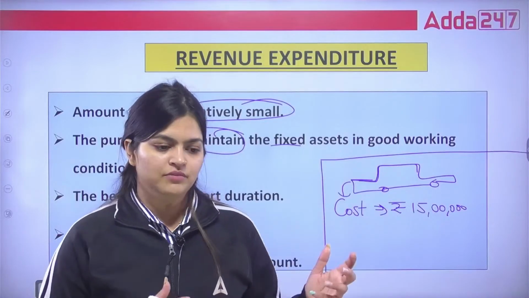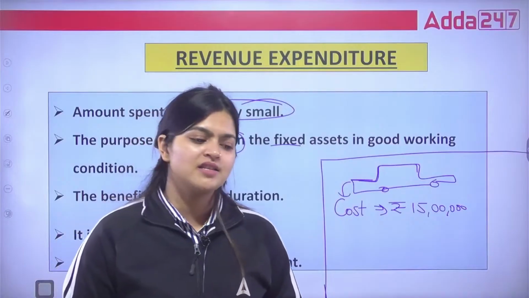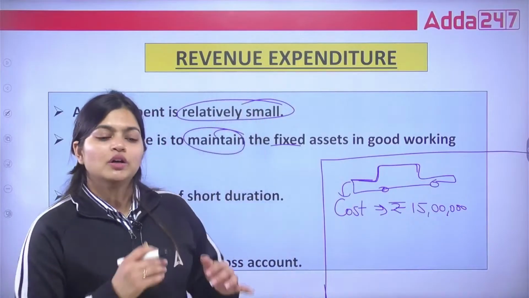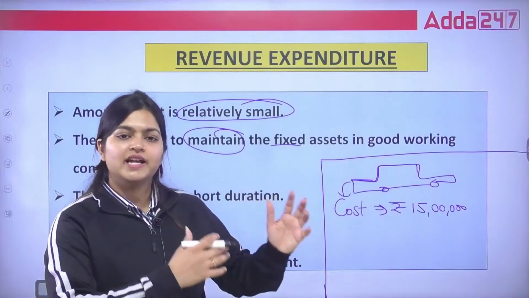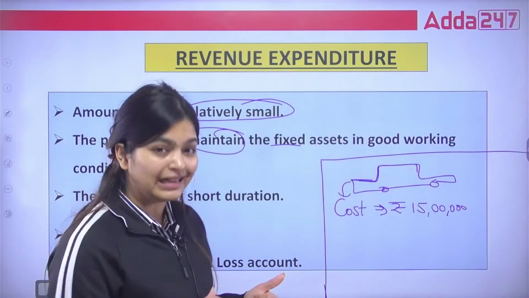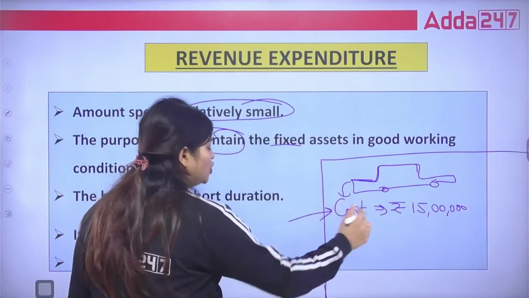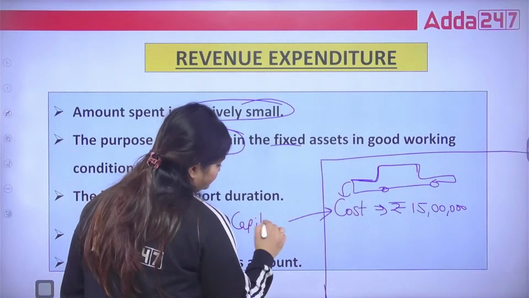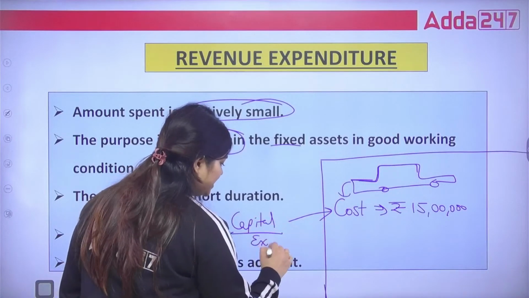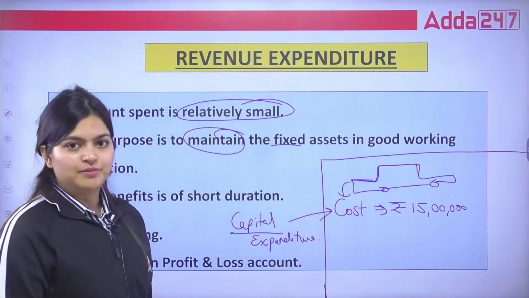Yearly I need to take this car for servicing, maintenance, oiling and everything. So that oiling, maintenance, regular cleaning and everything that I'm paying, is that my capital? No. Capital is only this cost. This cost is going to be my capital expenditure because I'm going to use this car for more than 12 months.